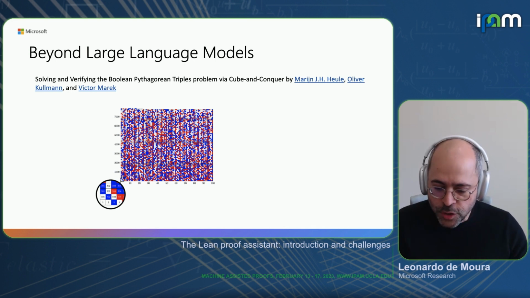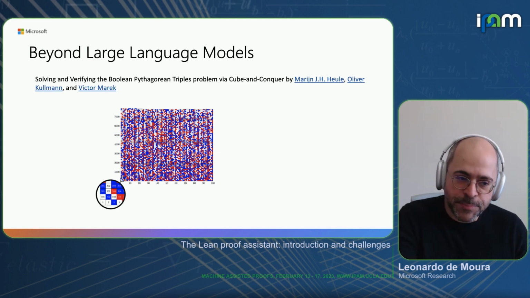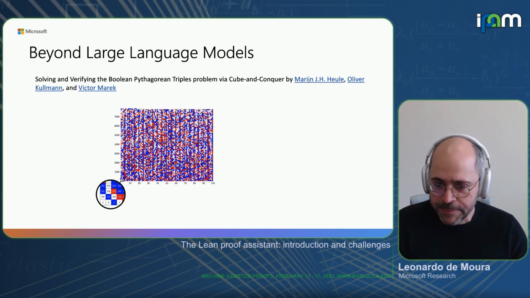Today you have SAT solvers, you have SMT solvers, you have a lot of decision procedures, satisfiability checkers. They can do massive case analysis, right? You can't solve this problem that Marijn solved in this paper by going to Zulip. There is a massive amount of case analysis being done here.